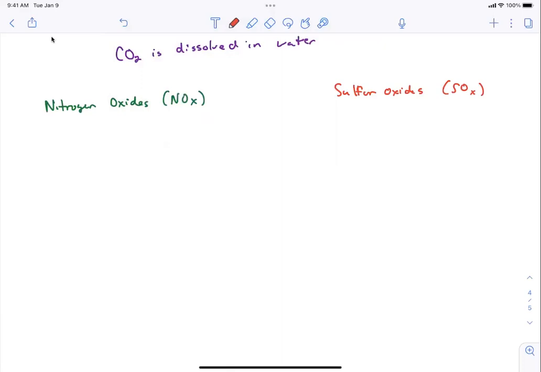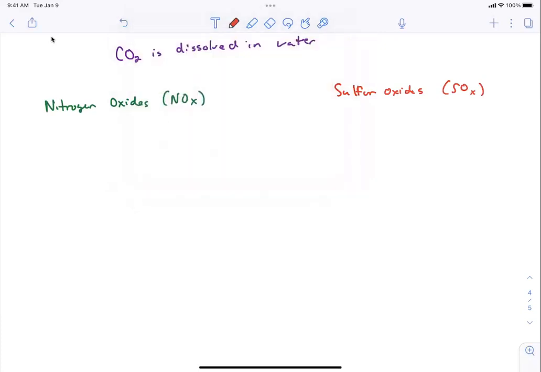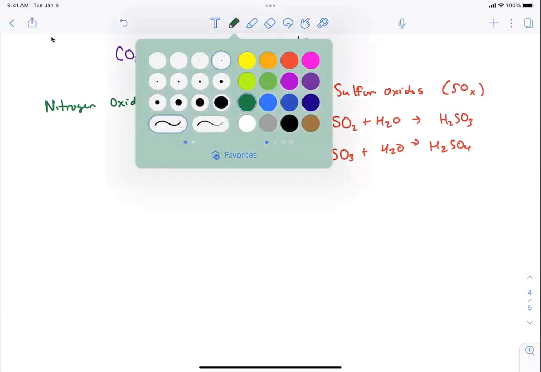What you want to focus on here is how these things react with water to form acids. And so sulfur oxides like SO2 or SO3 will react with water to form their acid counterpart, which is H2SO3 or H2SO4. Those are self-explanatory. You just combine them.